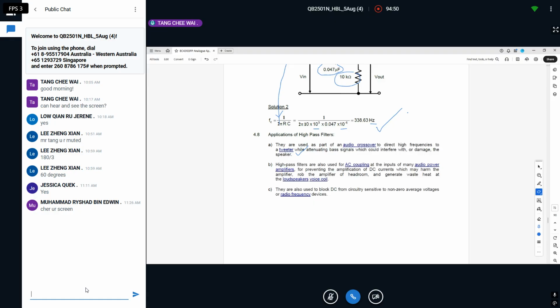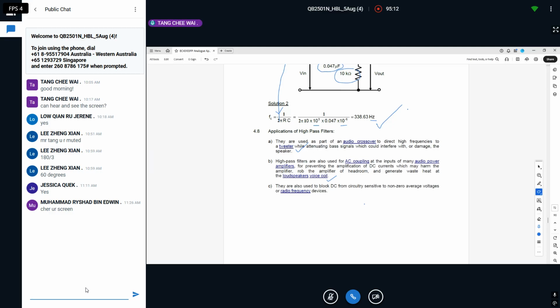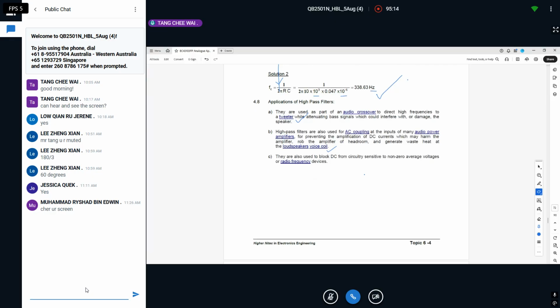So I can use all these filters to either allow you to pass or stop it. Also for AC coupling, audio power amplifier, and the loudspeaker coil, same thing. All these are related to your audio equipment. Take note of the application.